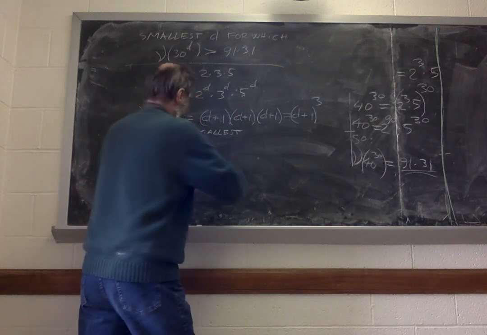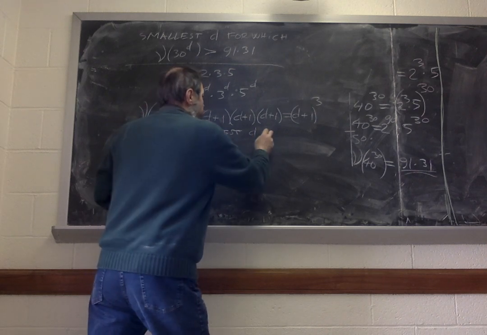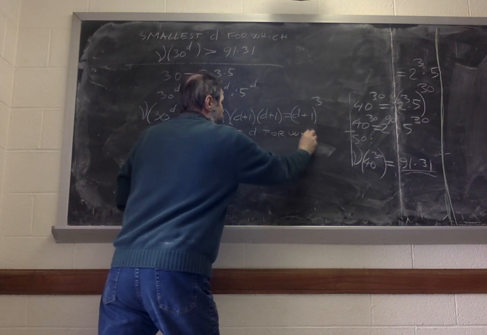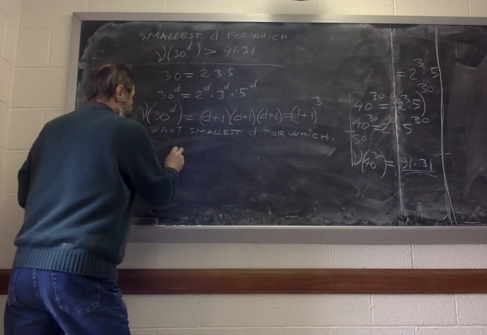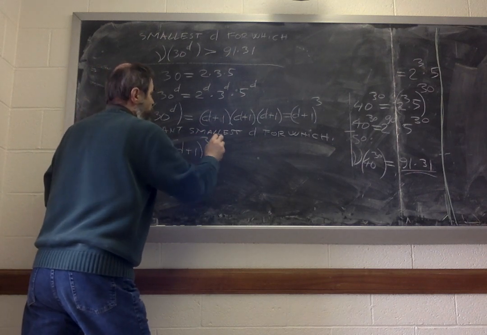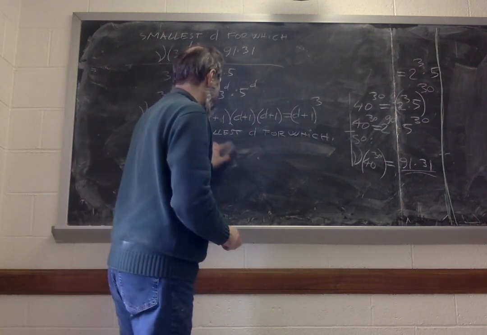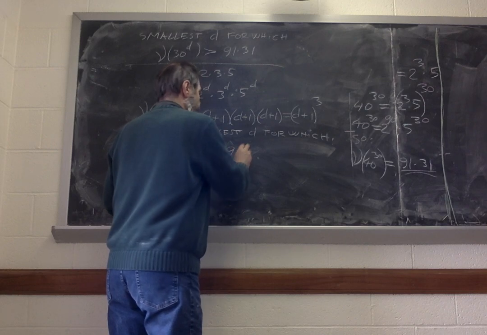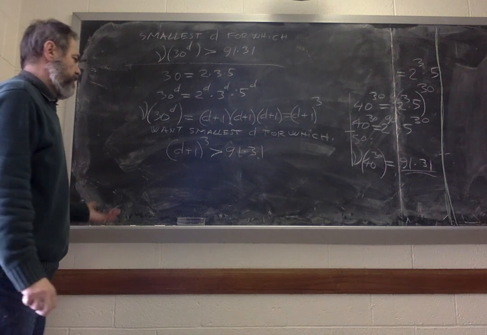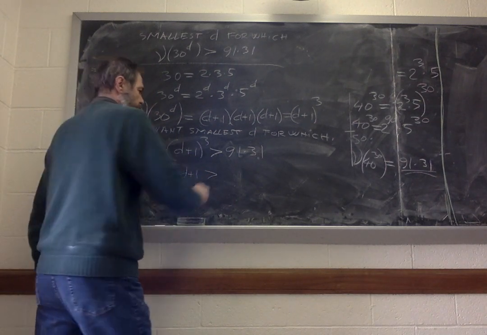Find the smallest integer d for which d plus 1 cubed is larger than 91 times 31. Well, this means d plus 1 has to be larger than a cubic root.